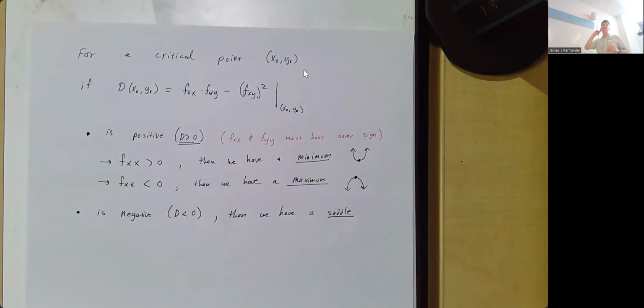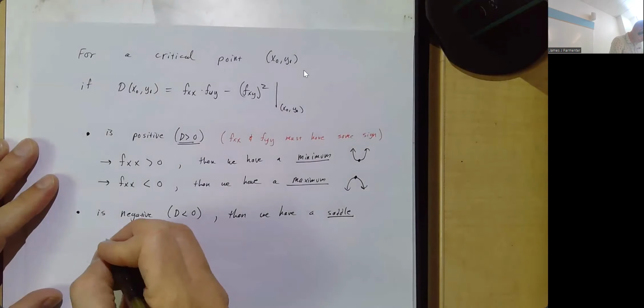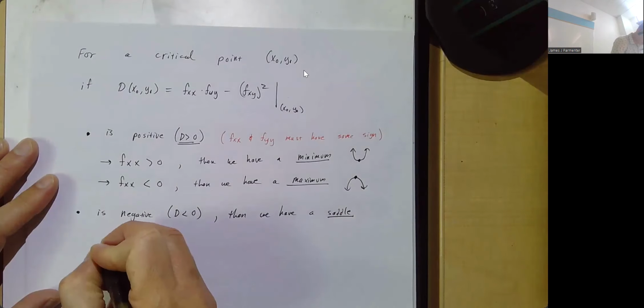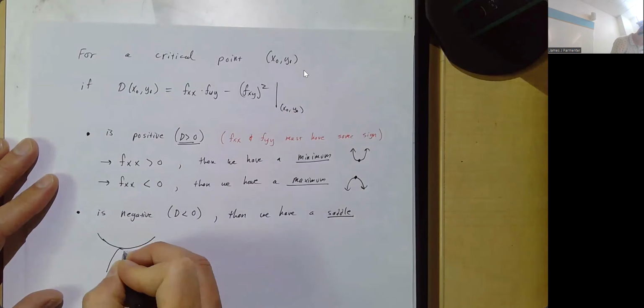Say that one more time. Right, exactly. So it's a shape that's kind of like this. One way it's concave up, and the other direction it's concave down.